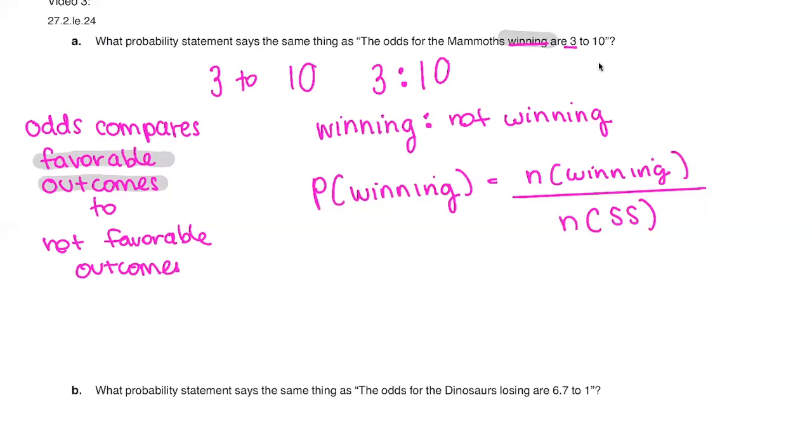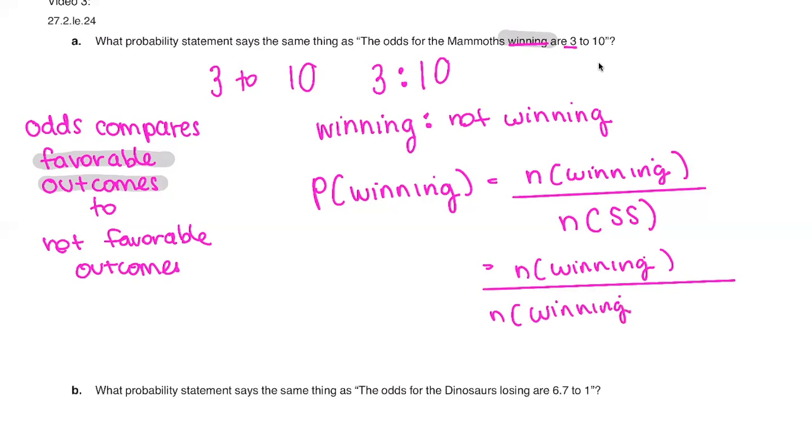They don't care about losing or tying. All they're saying is, did you win or did you not win? So for a sample space, we're doing odds of winning is what we want to have happen. The sample space is actually winning or not winning. All of those outcomes.